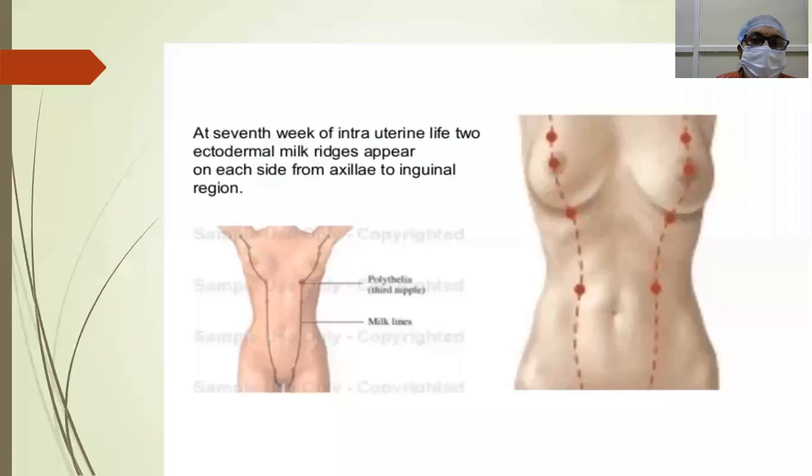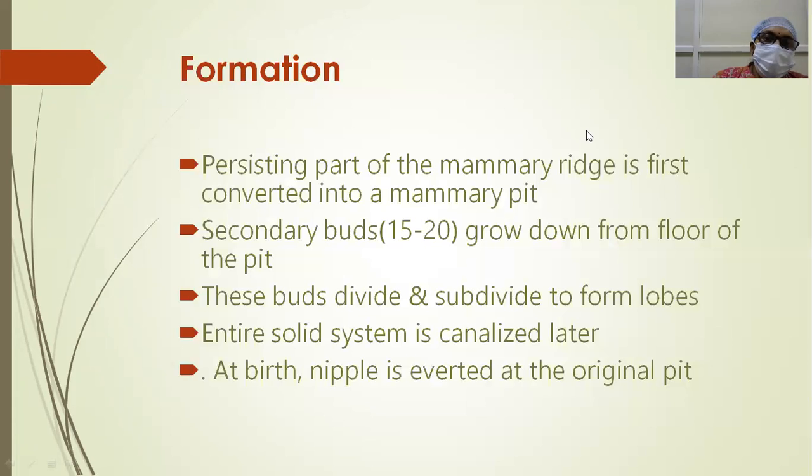So these are the two ectodermal ridges extending from the axilla to the groin. This line disappears and in the pectoral region it persists, which later develops into the breast. As I told you, the persisting part of the mammary ridge is first converted into a mammary pit.